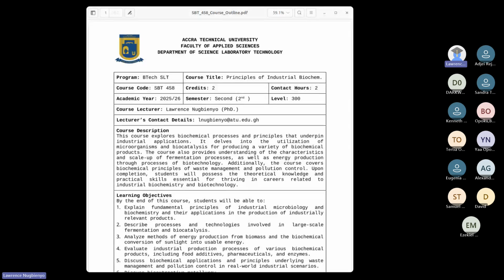Like you have a group for industrial biochemistry, and then a group for, I think, environmental chemistry also. And one of those groups, I don't know whether it's the industrial biochemistry that's supposed to be in the morning, and then environmental chemistry in the evening.